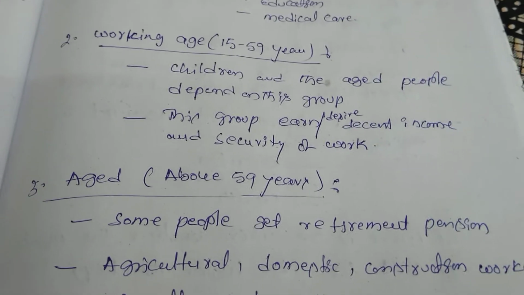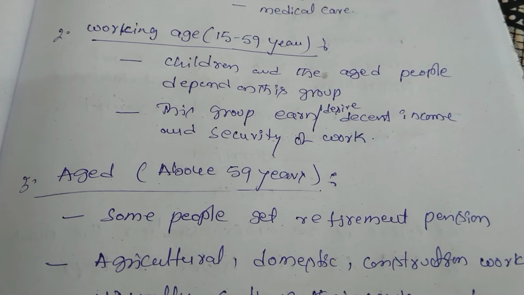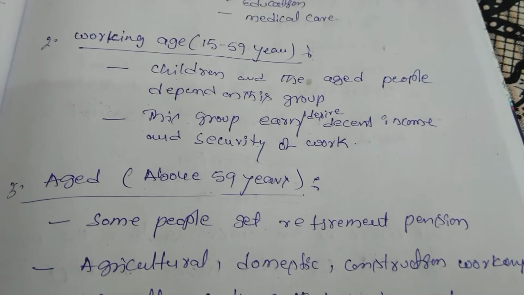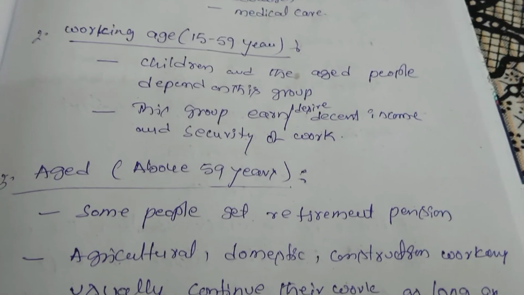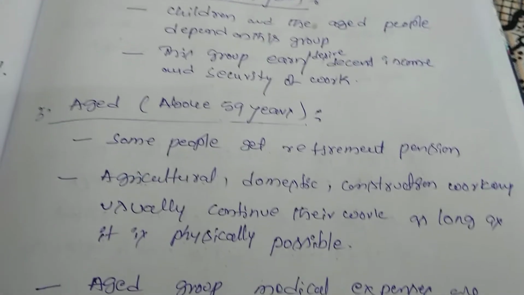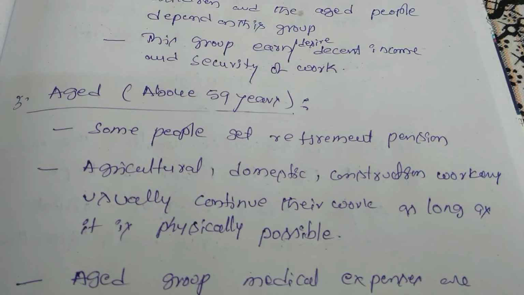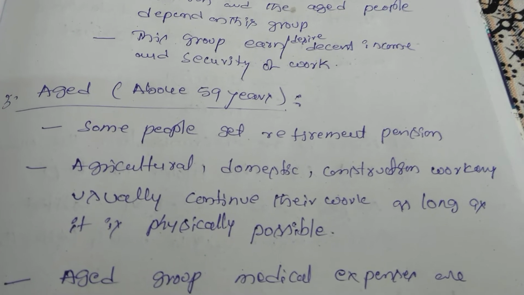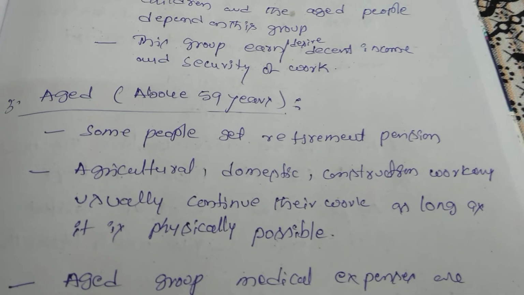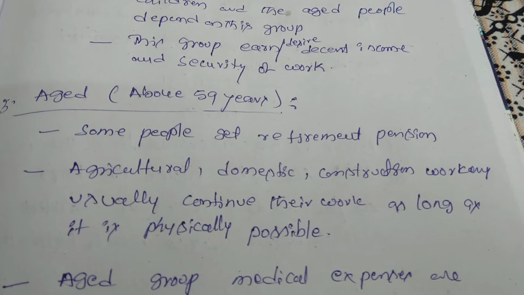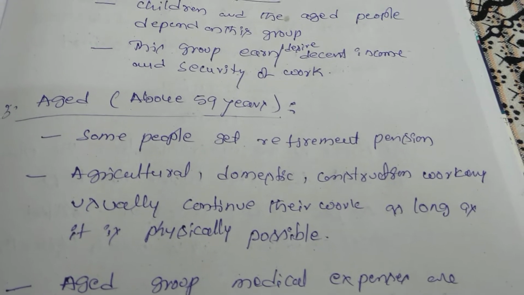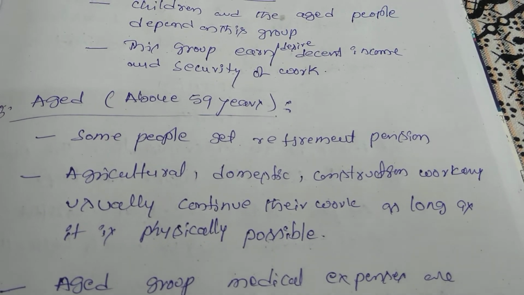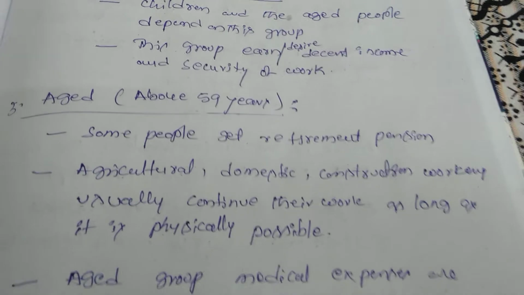Next, aged above 59 years. These are called old age people. After 58 years, every government employee should retire, but now the government is also thinking differently. Now people are working up to 65 years because of medical facilities, food, and different facilities.